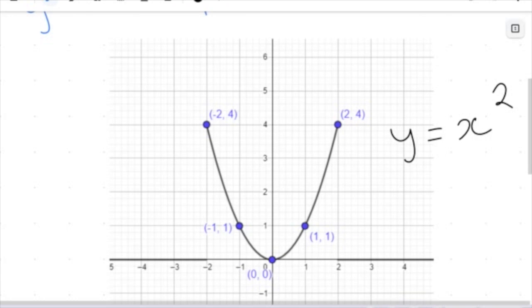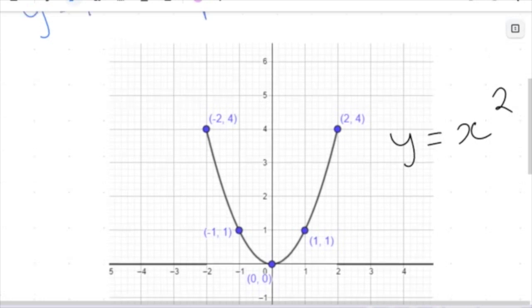Everything we've been doing so far has had this as our starting point every single time. So even if you don't draw it, I like to have it as a little mental starting point for where I can transform from, because in essence, we are transforming all of our parabolas from this foundational equation.